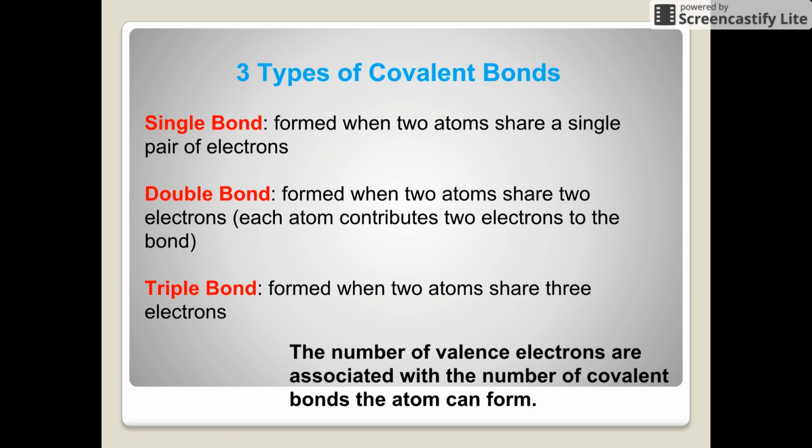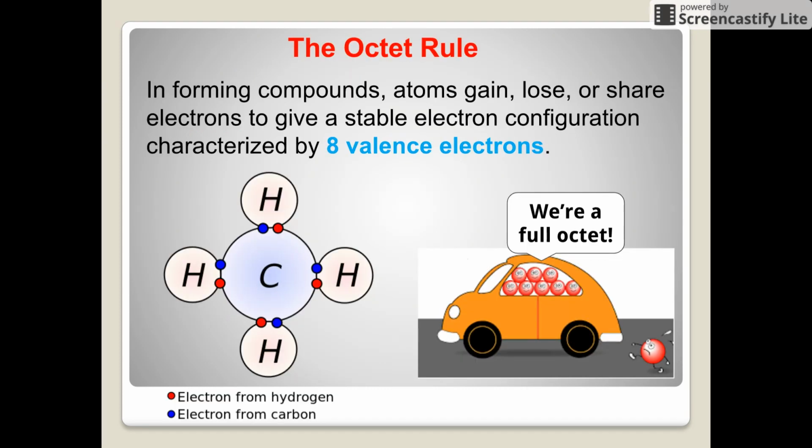The number of valence electrons is associated with the number of covalent bonds the atom can form. So depending on the valence electrons in the outer shell of a particular atom, it's going to change the number of covalent bonds that the atom wants to form in an ideal situation for that atom.